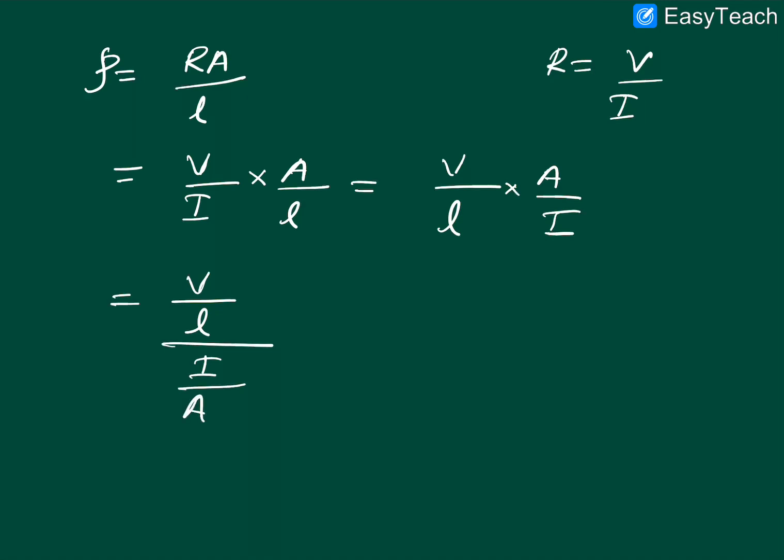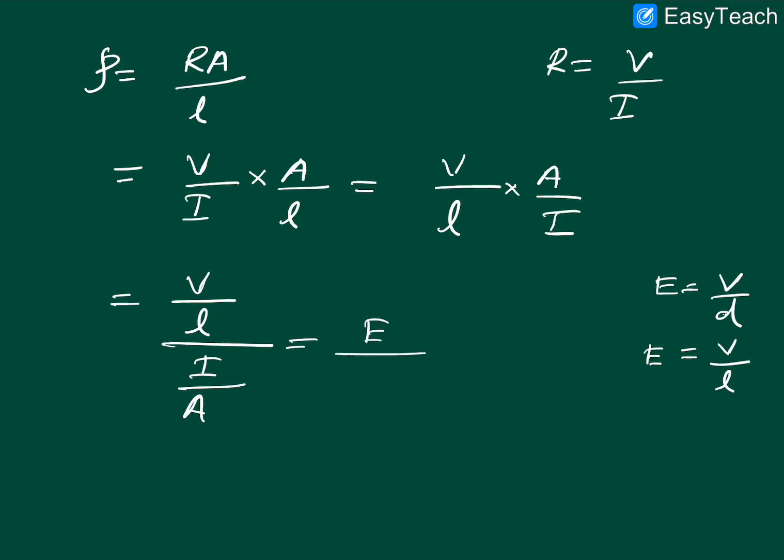If you check it in a paper, you will get it. Now what is V by L? We discussed E is equal to V by D. It can be also written as V by L. Okay, so V by L is nothing but E.